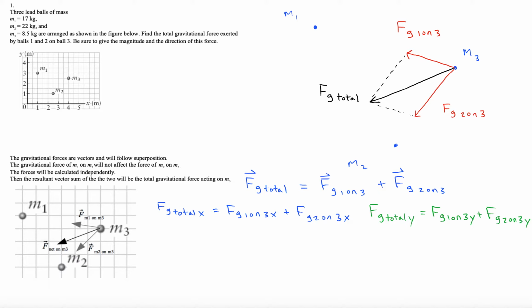Okay. Now, anytime we're finding an x component here, we're going to need to know the magnitude and the direction of the original vector. So we're going to want Fg1 on 3's magnitude. We'll multiply that by the cosine of theta 1 on 3 in standard position. We'll need the magnitude of 2 on 3, and then we'll do the cosine of that angle in standard position.